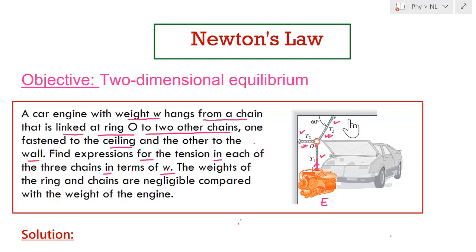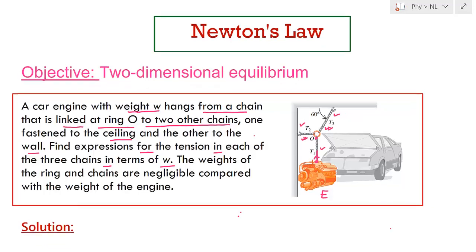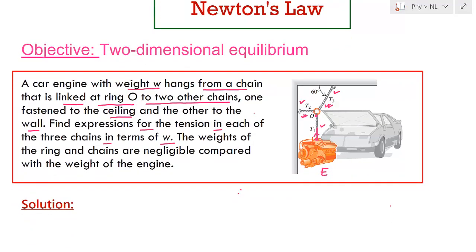So we have to find T1, T2, T3 in terms of W. So what are the unknowns, that is, what are the target variables? The target variables are T1, T2 and T3. So there are three unknowns in this problem.